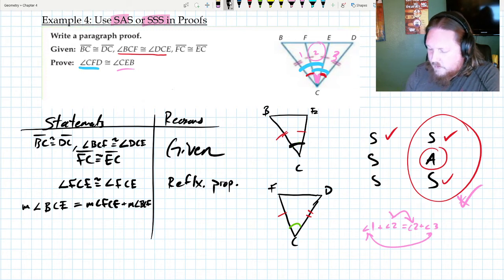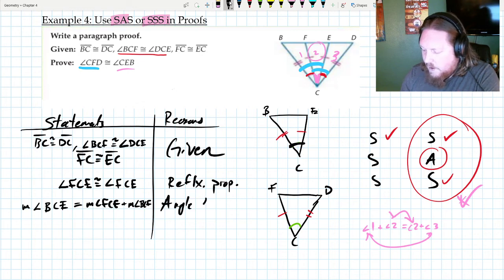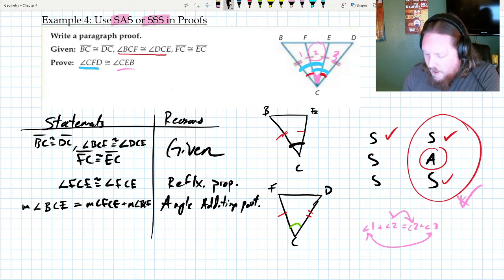Sorry, it's kind of tight there. I'll try to write with a little more space. And that is the angle addition postulate.